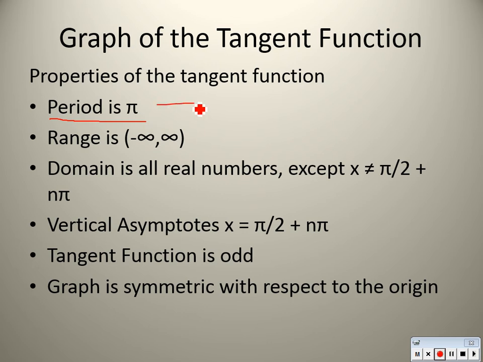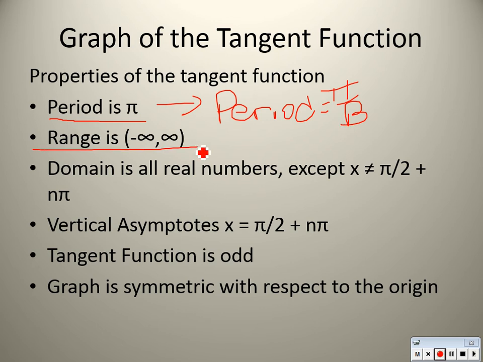For tangent, the formula for period is just pi over b. That's going to come into play heavily when we start to look at some different things with graphs of the tangent and the cotangent. The range goes from negative infinity to positive infinity.